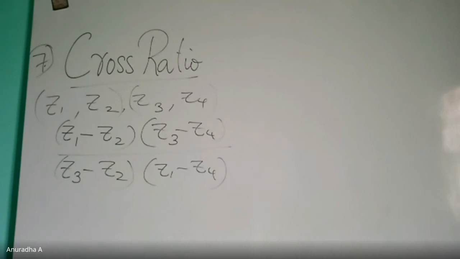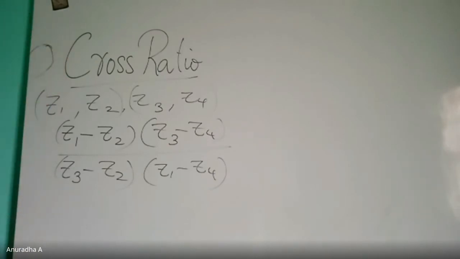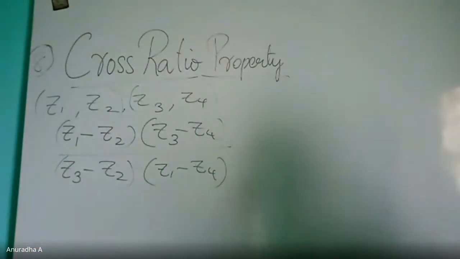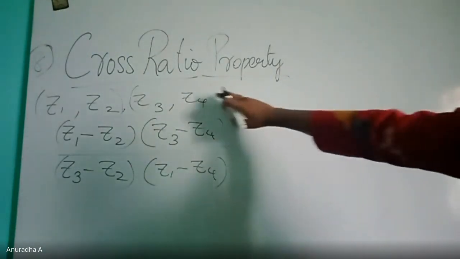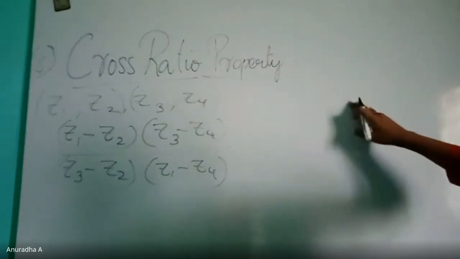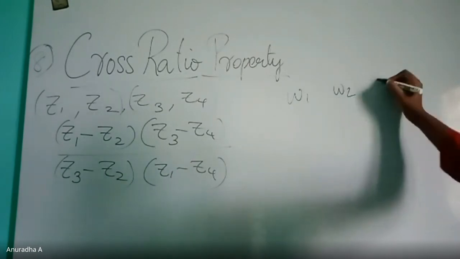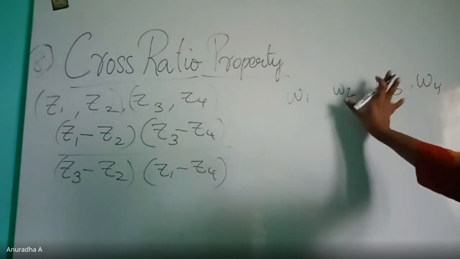Now, if you have taken this down, I will write. We have something called the cross ratio property. What we mean by the cross ratio property is, suppose I have a bilinear transformation. Then for these 4 points, I can equivalently form 4 points here, that is W1, W2, W3, W4 in the codomain, that is in the W plane.